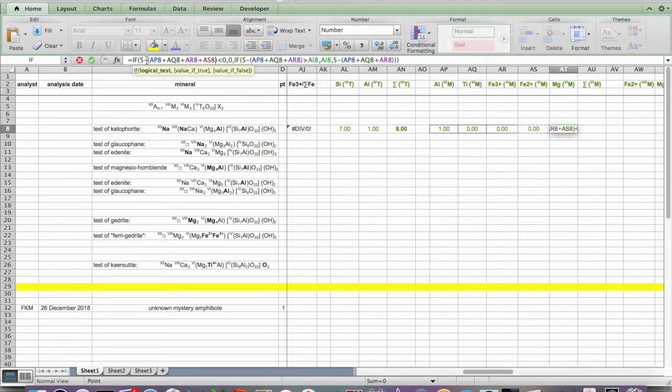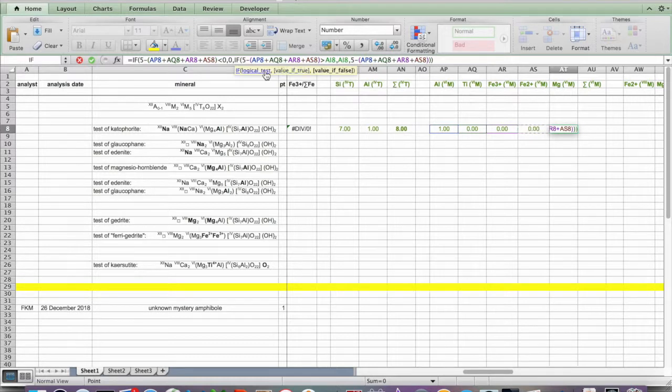And because we see that this little cluster here, 5 minus AP8 plus AQ8 plus AR8 plus AS8, is here, we want to reproduce that same cluster in all of the places where it shows up. So it's going to be here, here, and here. So there are all the places.